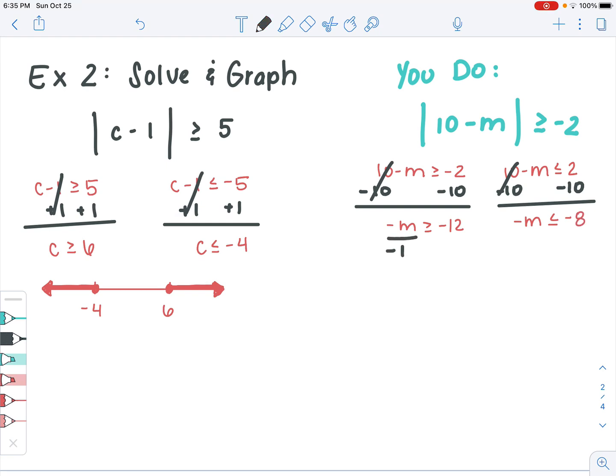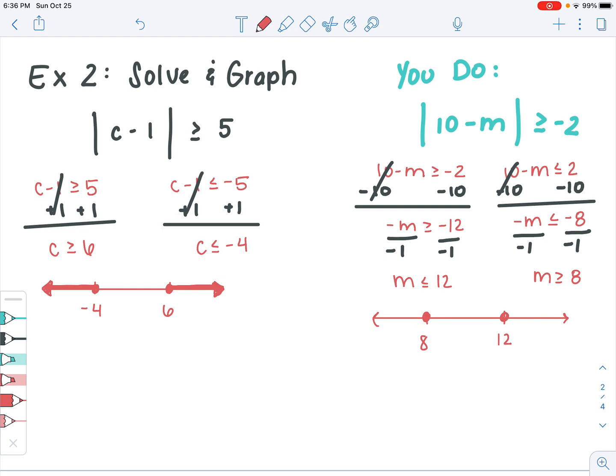Then I've got to get rid of the negative signs. When I do that, I have to remember to flip my inequality. So now I have m is less than or equal to 12, and m is greater than or equal to 8. Now I'm going to graph and see what happens. So I put down the 8 and the 12, and I want to put open or closed circles on both of them.